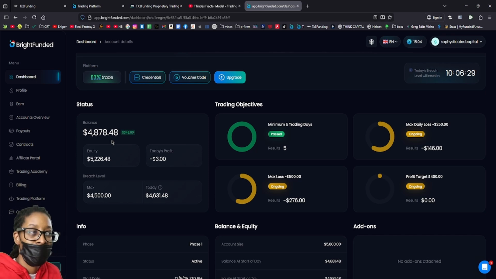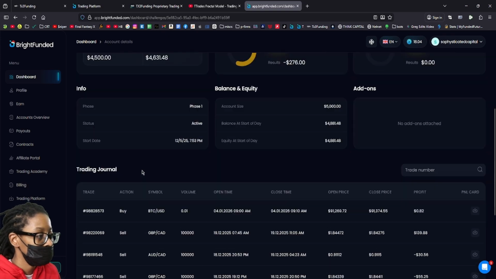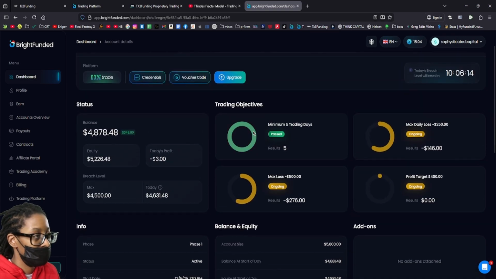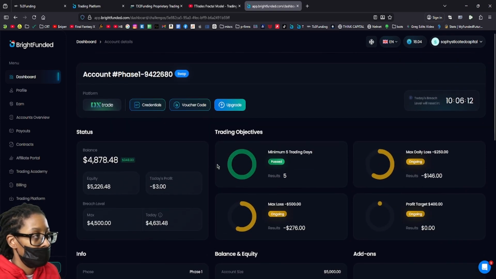That's why I say by the time the trade hits where I want it to hit, the first phase is going to be passed, right? I've only taken 6 trades, and this will be my 7th trade on here, but we've got to wait and see what happens. I could take partials, but I feel like that messes up the end result, to be honest.